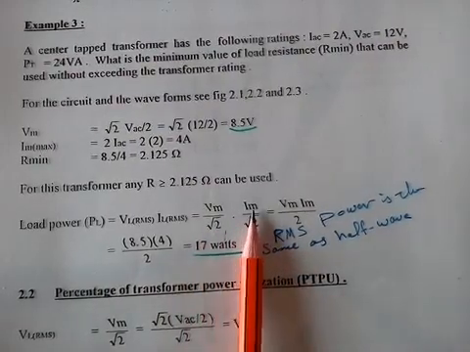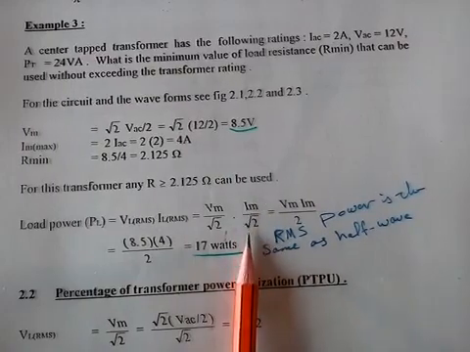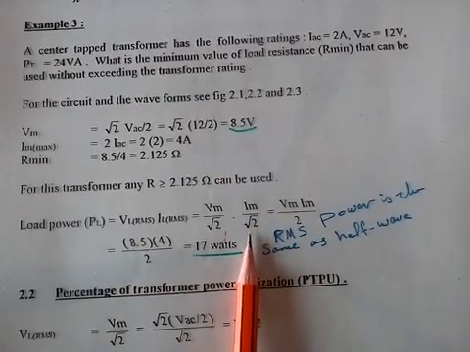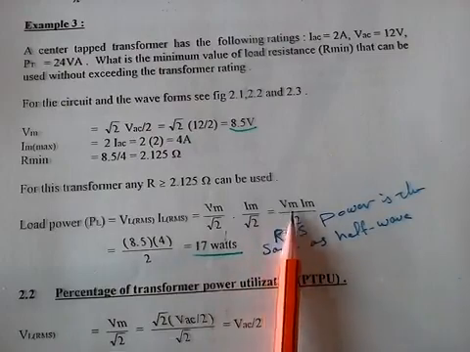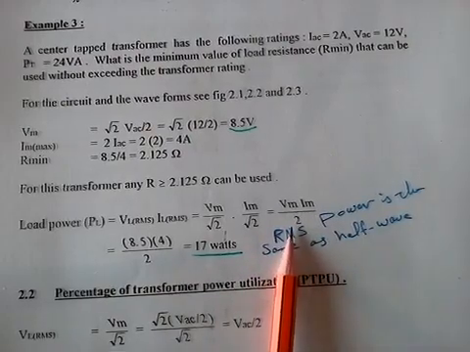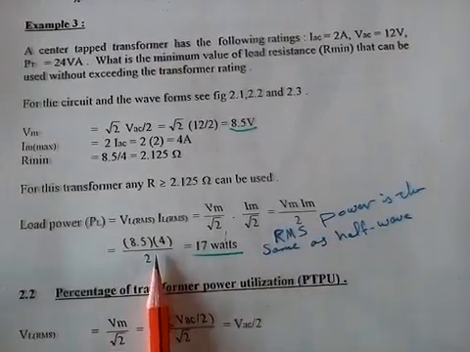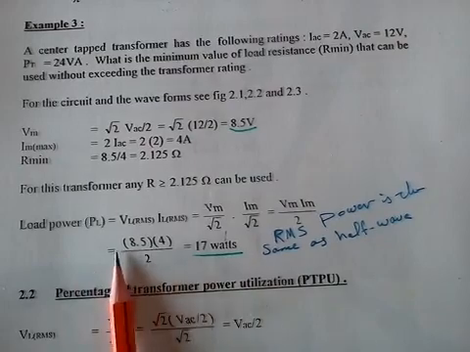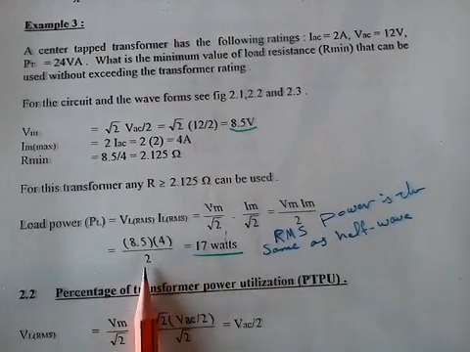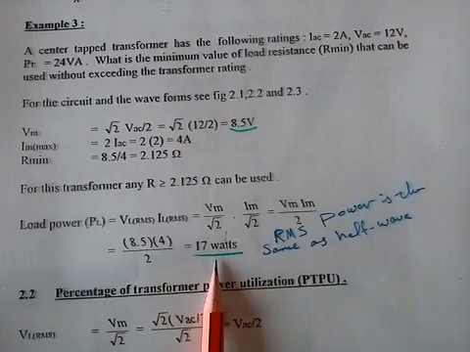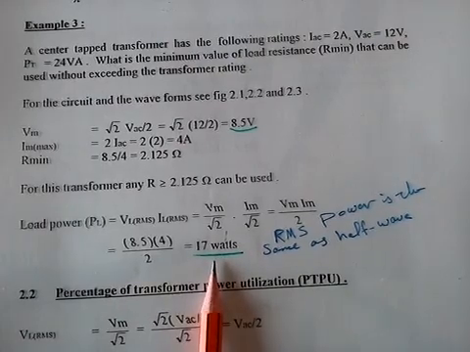And likewise for the current, it's Im over root 2. That equals Vm multiplied by Im over 2. And that in numbers is 8.5 multiplied by 4 divided by 2, which gives us 17 watts.